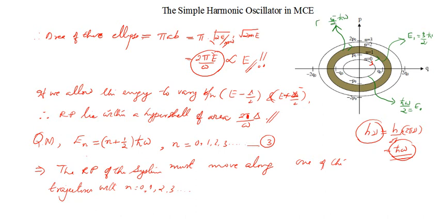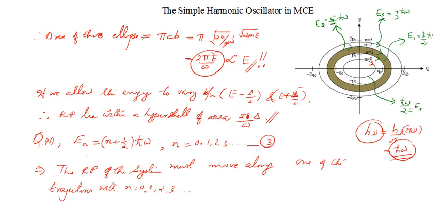Corresponding to n equal to 3, you have another trajectory, with E3 equal to 7 by 2 h cross omega, etc. All the trajectories are clockwise oriented. So this is what happens in the quantum picture.